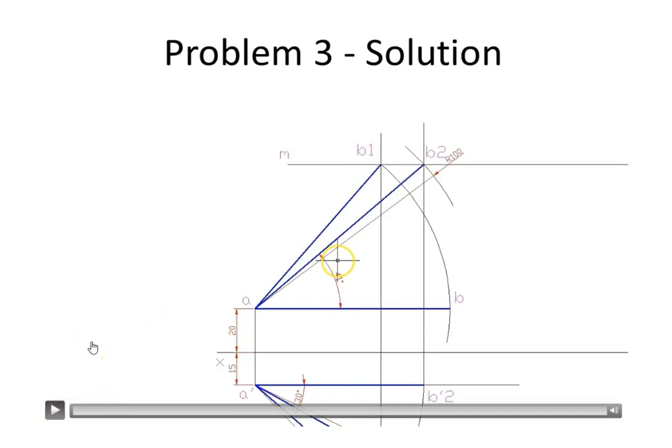We started by drawing A dash B1 dash, then we drew it with an inclination of 30 degrees, then we found the true length, drew the top view by projecting it back, and from there we found the real top view AB1, and finally we found the inclination with VP.